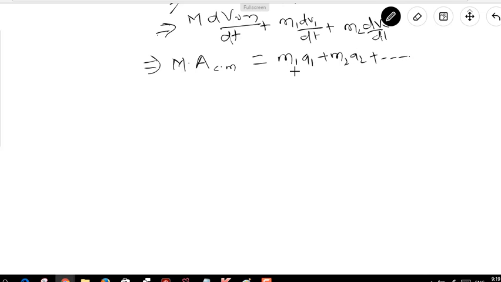So these are the accelerations of the particles: this A1 is the acceleration of M1, and this A2 is the acceleration of M2. M1 and M2 are the particles in the system. So we know from Newton's second law that the force applied on any body is equal to the mass of that body into the acceleration due to that force.